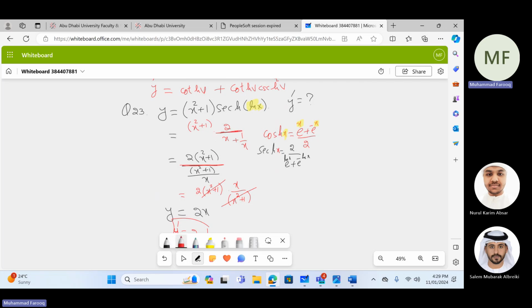So I need the denominator the same. What should I do? I multiply down by x and multiply up by x. I'm sorry I went directly to making the common denominator. Yes, exactly.